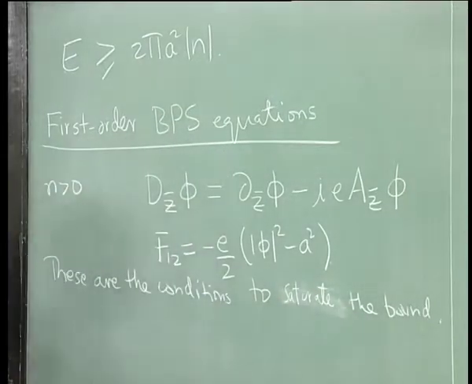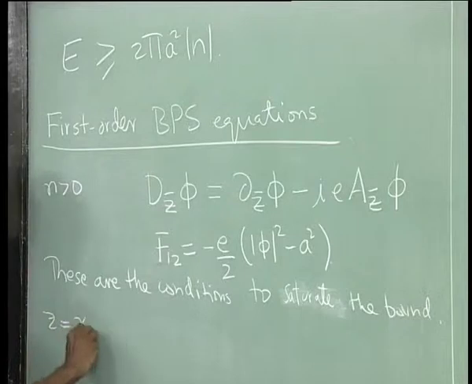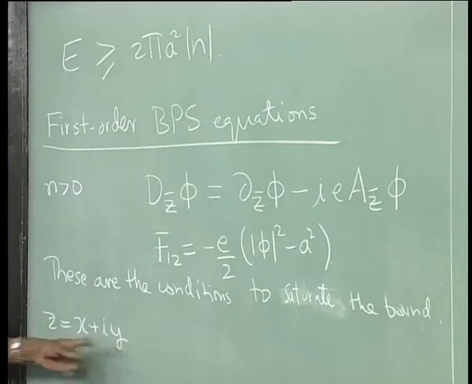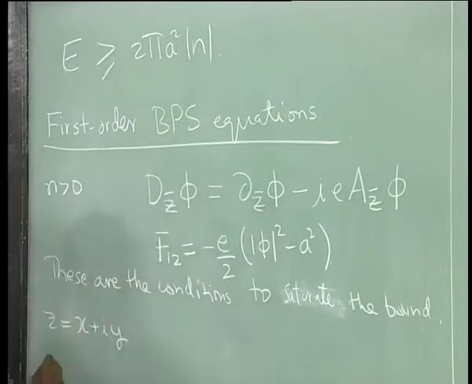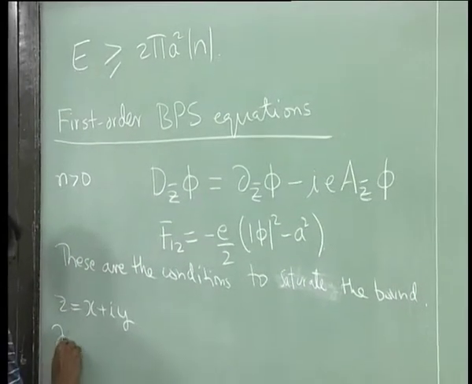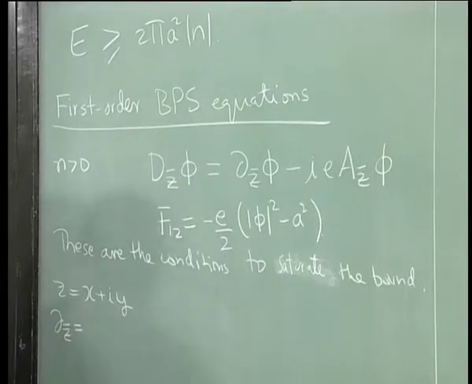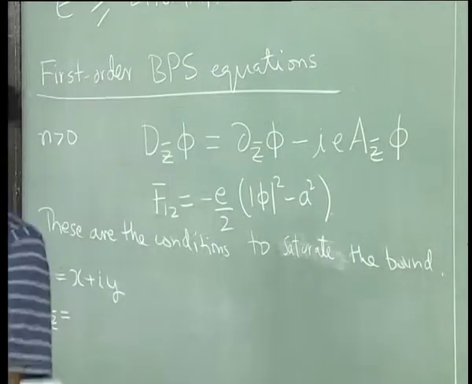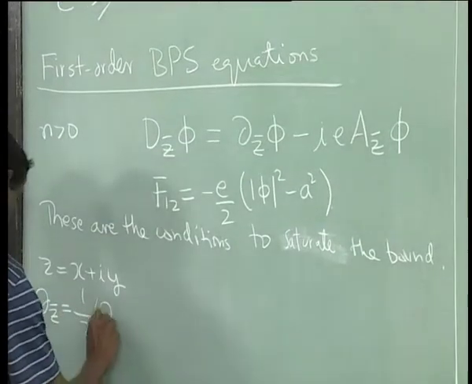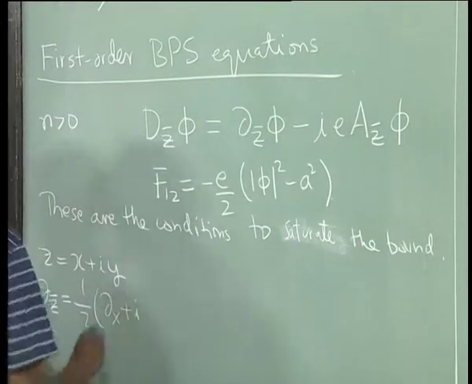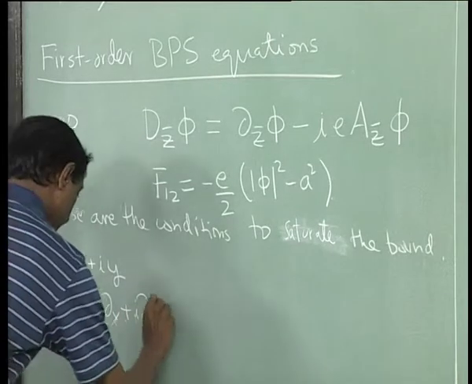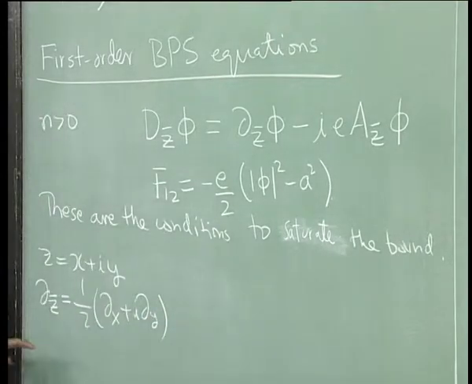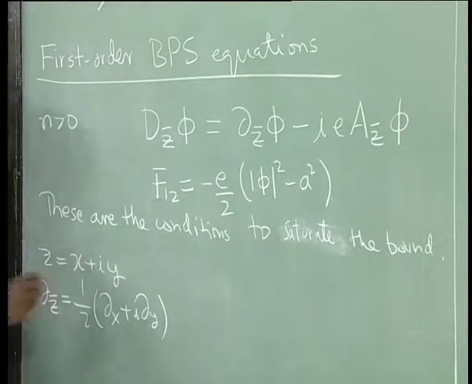So I need to put in my definition. Z is just x1 plus i x2, if I call x1 as x and x2 as y, and I need a little bit more, dz bar should be equal to, that is a half, I think. Okay. The way to fix this half is that dz bar of z bar should be 1. Okay.